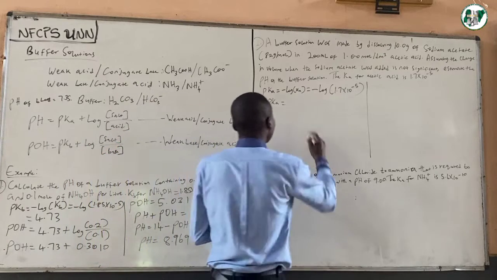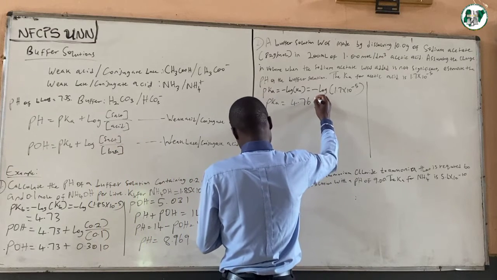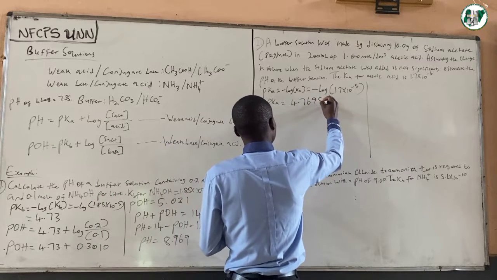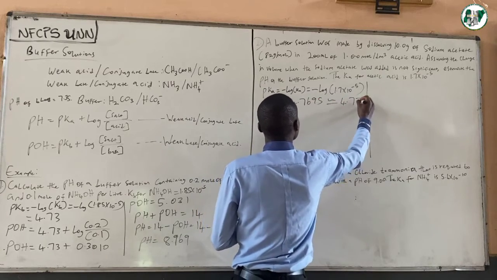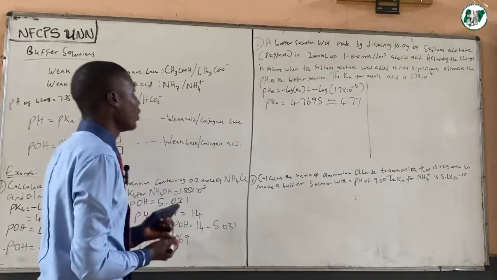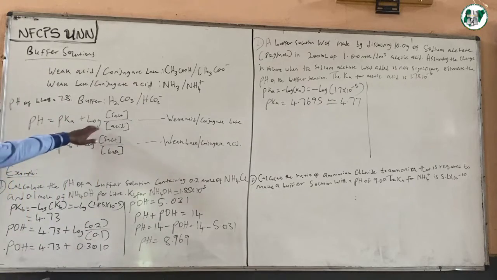And that's going to give us 4.7695, so that's approximately 4.77.